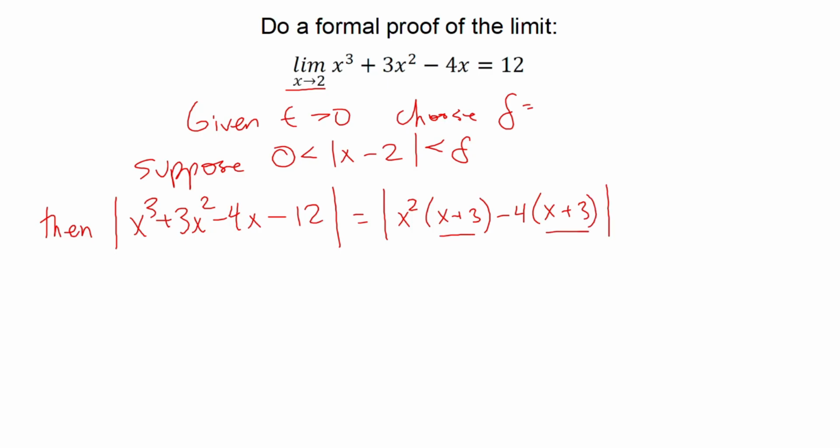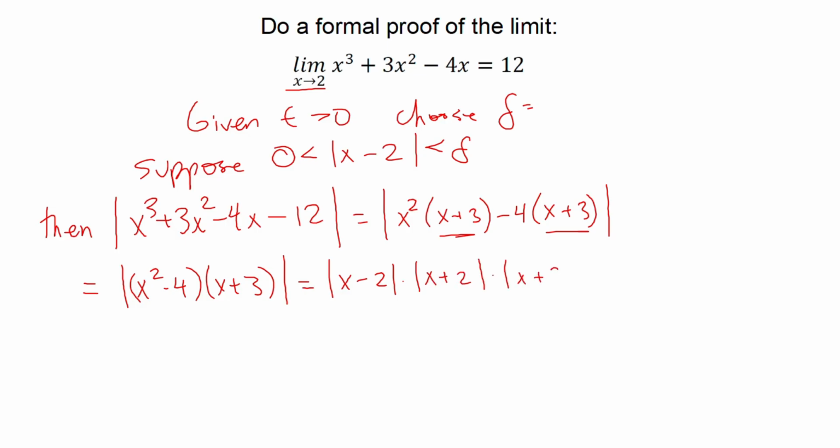And because those x plus 3's match up nicely, we can rewrite this as the absolute value of x squared minus 4 times x plus 3. And we can then rewrite that with further factorization of x minus 2, x plus 2, and x plus 3.